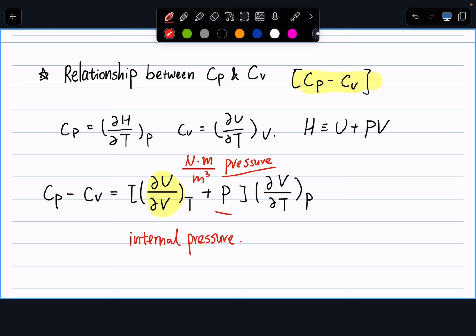Okay, how are we doing here? So the two things connecting my relationship between my Cp and Cv, what we need are internal pressure and also the equation of state.